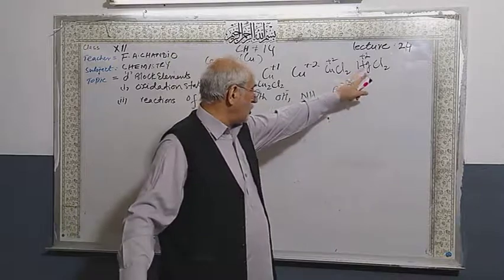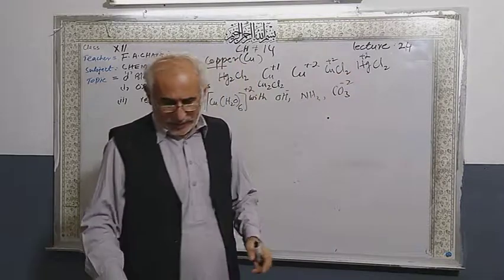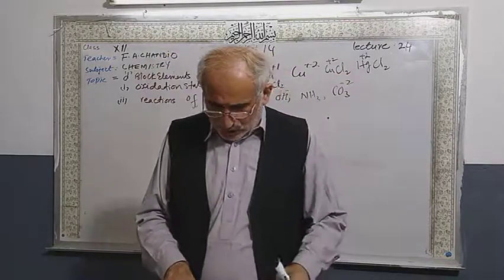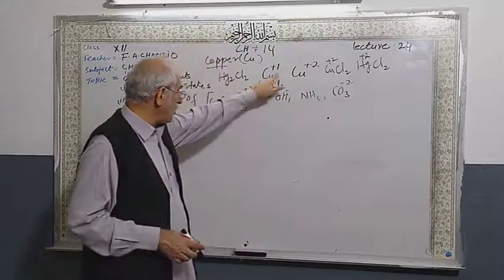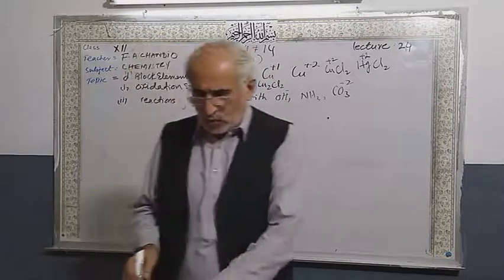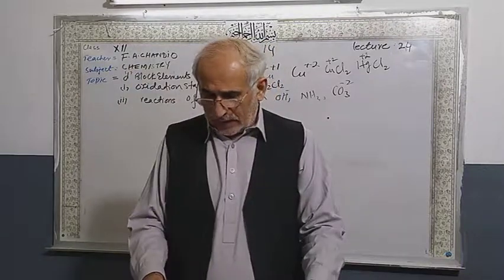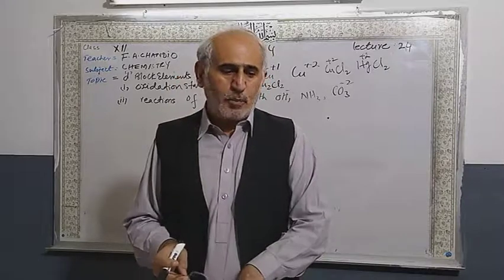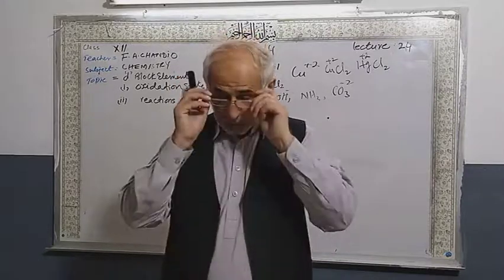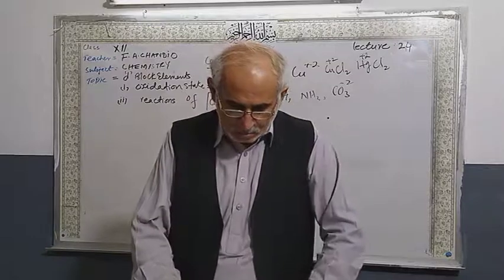Most cuprous compounds are colorless, but copper 2 compounds are colored. For example, copper sulfate, which is called blue vitriol, has blue crystals.